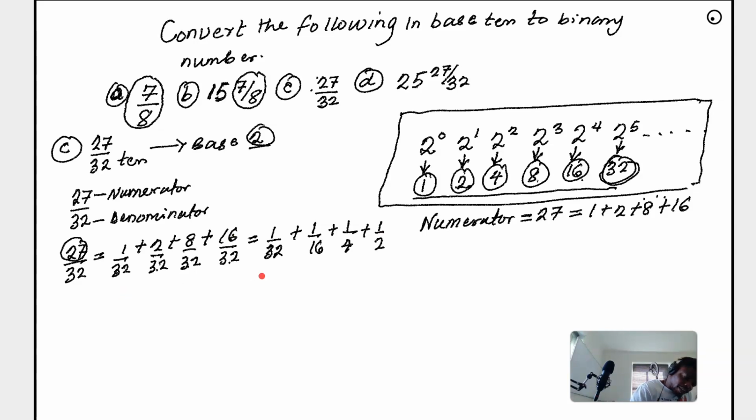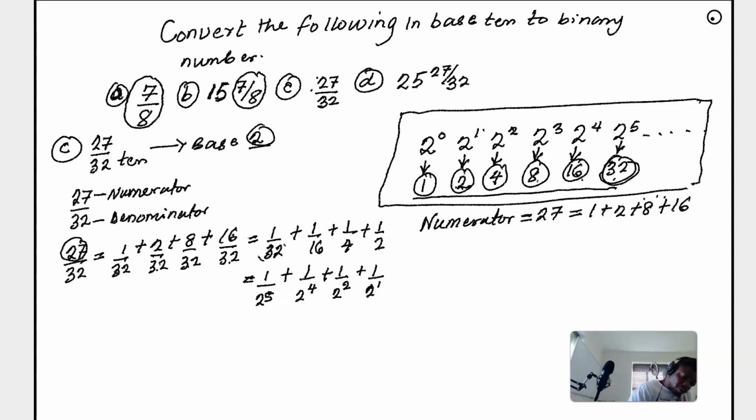So here, this is 1 over, what is 32? 32 is 2 raised to the power 5. Plus, what is 16? 16 is 2 raised to the power 4. 1 over, what is 4? 4 is 2 raised to the power 2. And what is 2? 2 is 2 raised to the power 1.